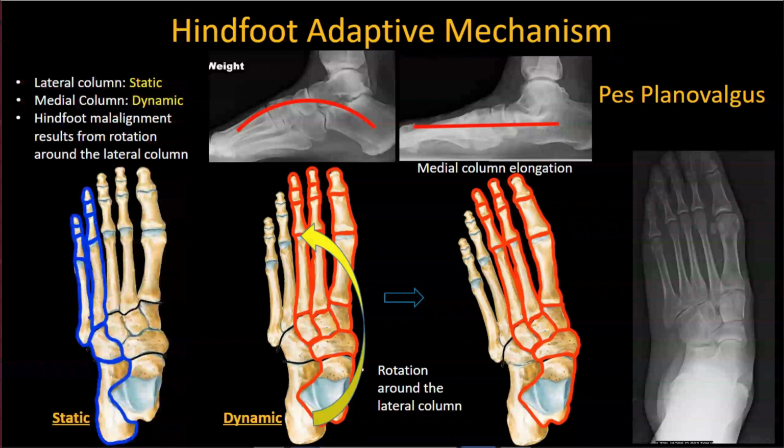What happens is that the place that it can move is along the medial aspect of the foot, and there's this dynamic motion rotating around the lateral column. What's going to occur is overpronation and hindfoot valgus in these patients, where you can see in this case some uncovering of the talar head in a patient who has excessive pes planovalgus.